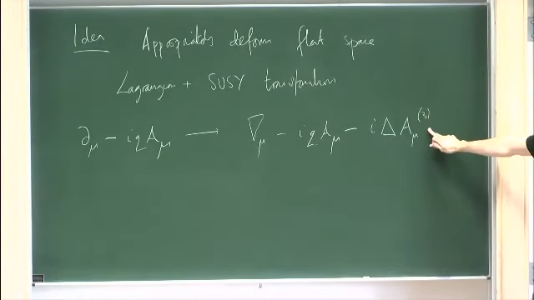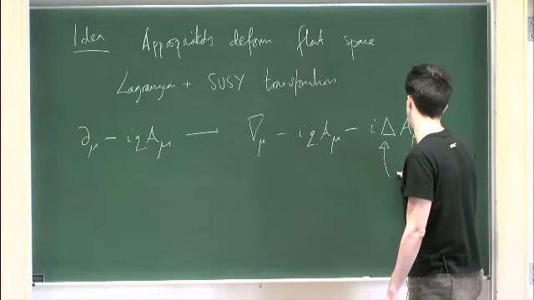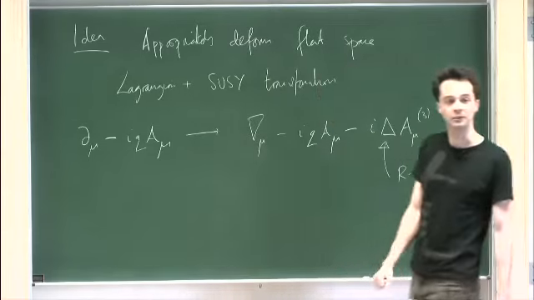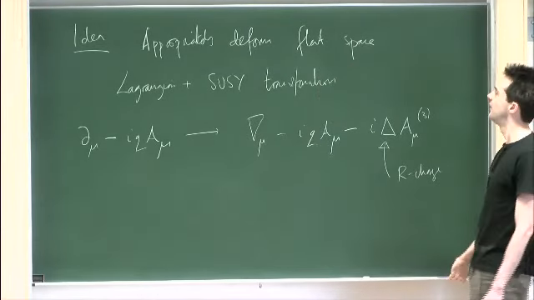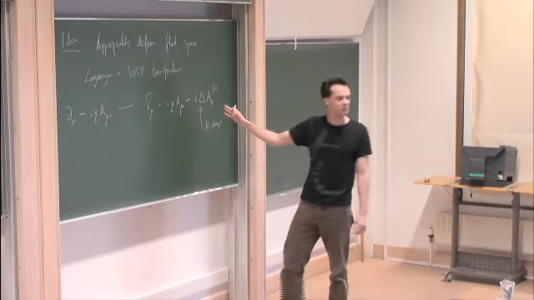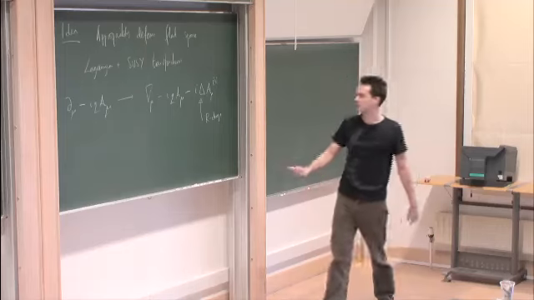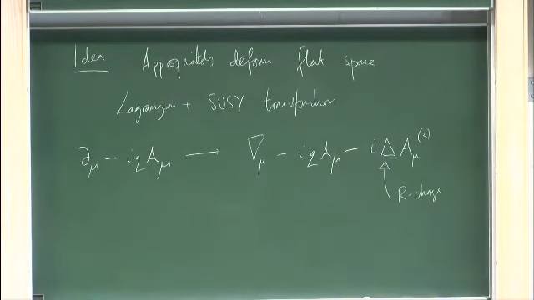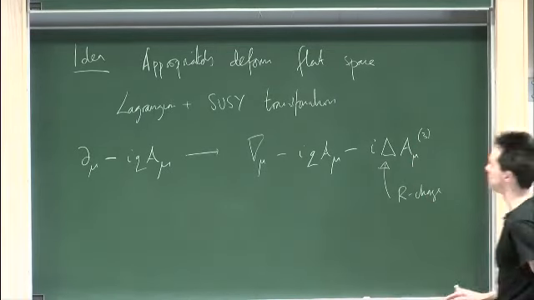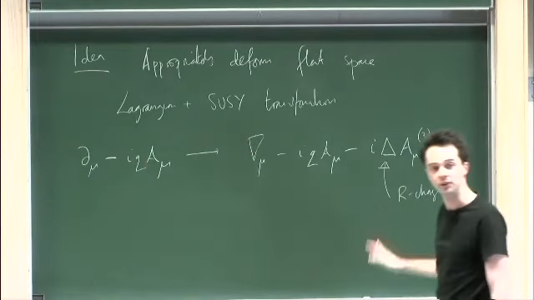So there's also a term with this background gauge field, and delta here is the R charge of whatever field this covariant derivative is coupling to. There's an unfortunate convention that R charges are called delta in 3 dimensions. It looks like conformal dimension. That's because people have in mind superconformal field theories, for which the R charge is equal to the conformal dimension. These are not necessarily conformal field theories, but actually for my talk they will be.